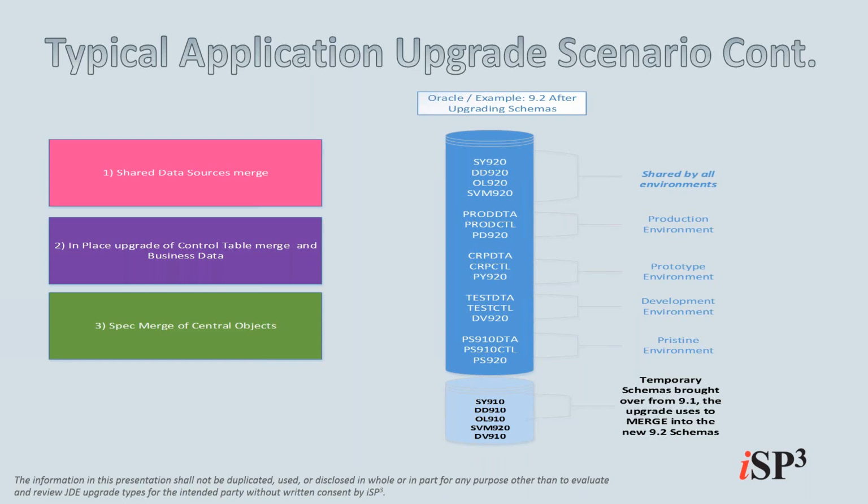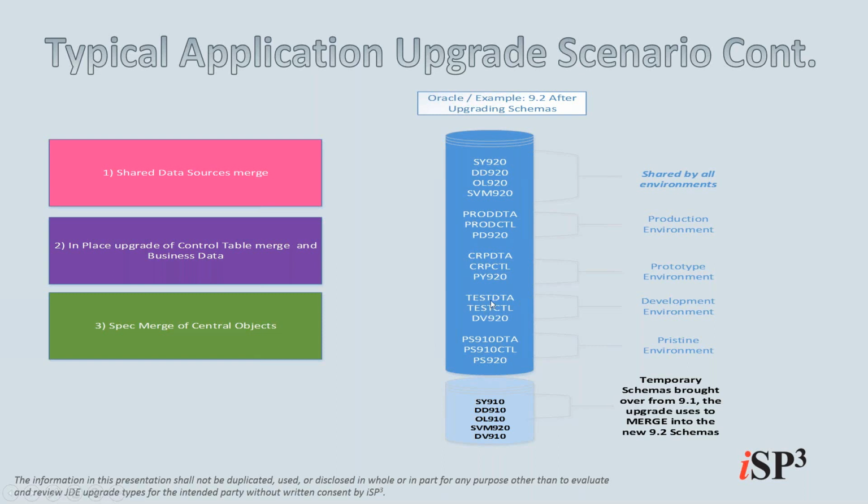You don't want to create new user passwords and users and roles and all that kind of stuff. So that process does that. The second thing that happens is an in-place upgrade of control table merges and business data. Right here, if you're updating the DV environment, it will do an in-place upgrade of test CTL, test ETA.